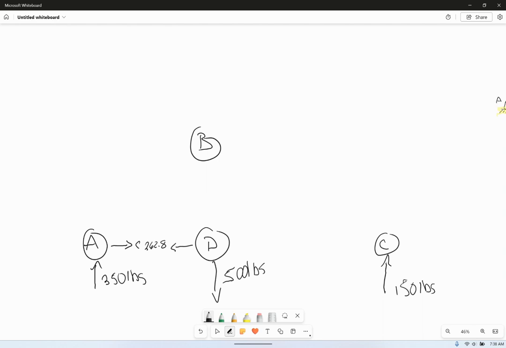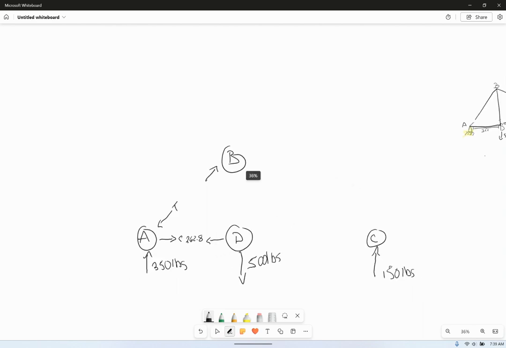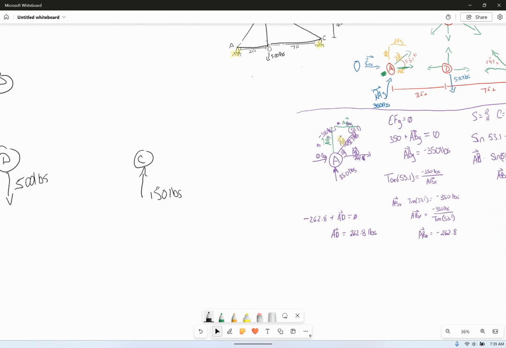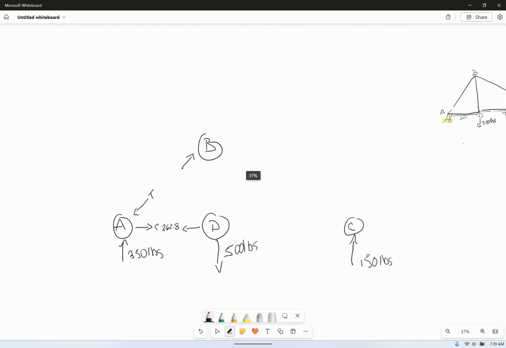In tension, our reaction is to pull in. This one was wrong because we assumed it was going this way, going down and going out. So this one is going to be in tension. What did we say that was? 437.7 pounds. Okay, so that one we were incorrect, and we're saying there's 437.7 pounds. We are done with joint A.